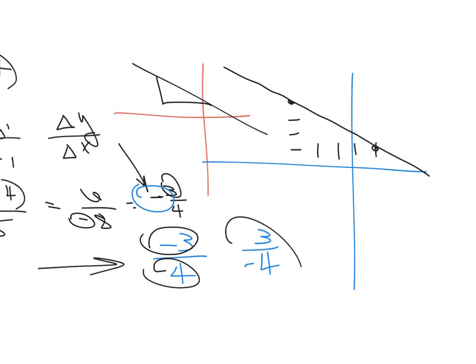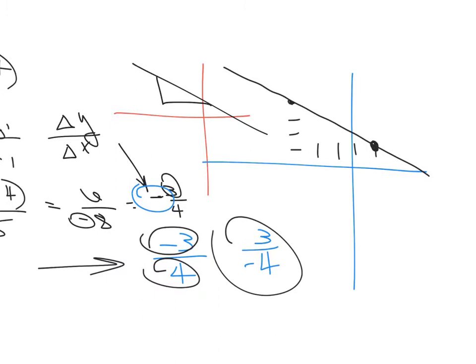Now let's say that we have 3 over negative 4. So let's take this point right here, and it says that we go up 3 because y is 3.